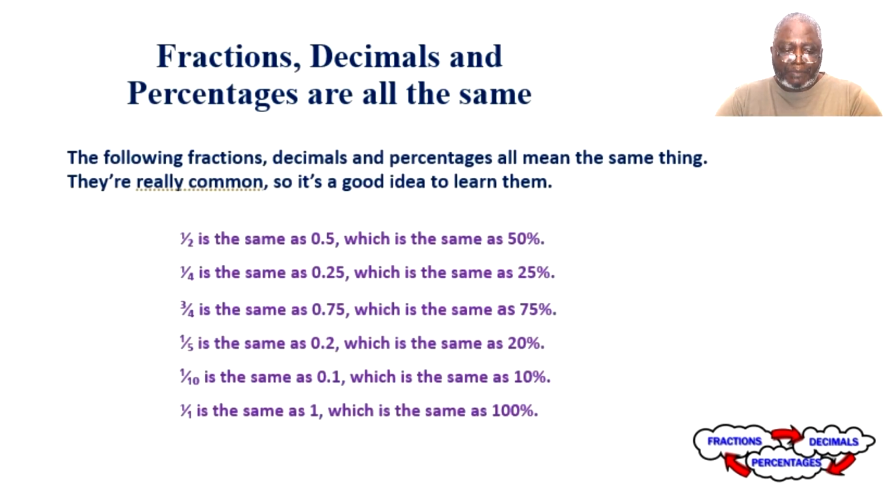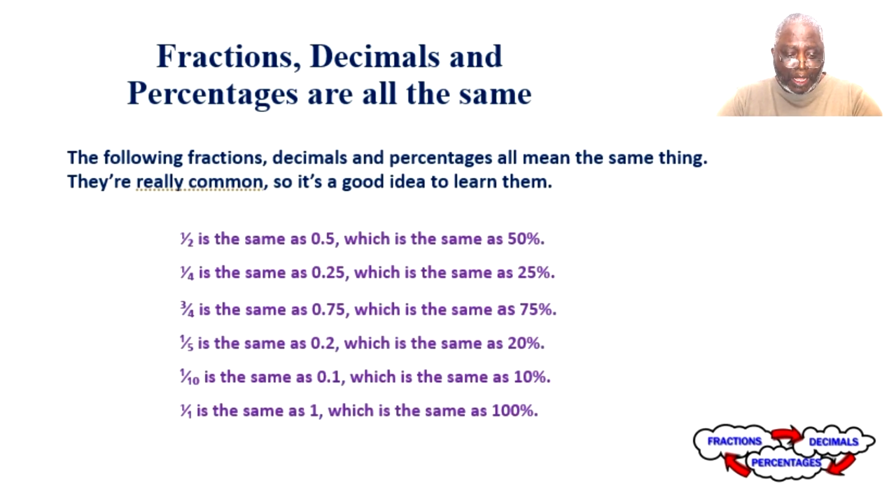Fractions, decimals, and percentages are all the same. The following fractions, decimals, and percentages all mean the same thing. In other words, the fraction, the decimal part, and the percentage part are the same in terms of measuring.